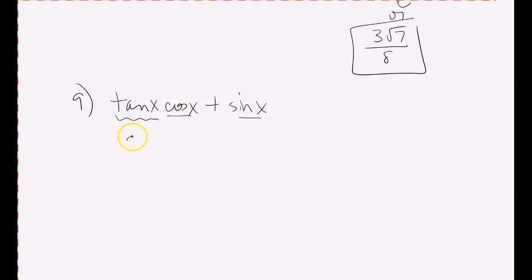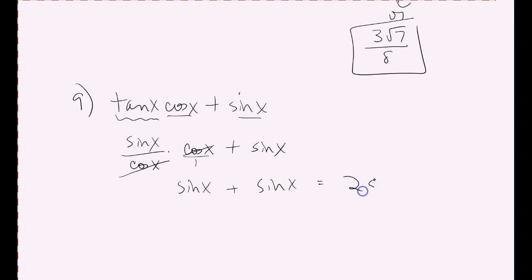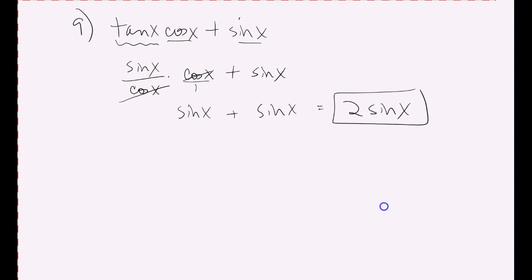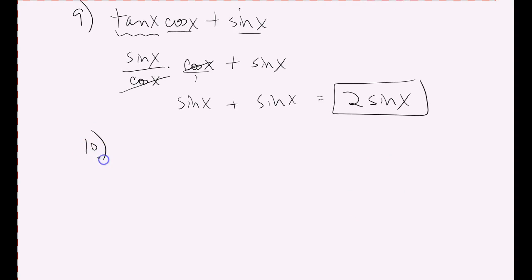So if you look at your sheet, tangent is sine over cosine, and then I recopy the rest. Okay, look at this, right? This cosine could really be over 1, and we could go boom, boom, and cancel those. So this is just sine x plus sine x. And doesn't that mean there's just 2 of them? So that's how I would do that, and I would quit right there. I can't see it getting any prettier than that or doing it any different way to make it better.